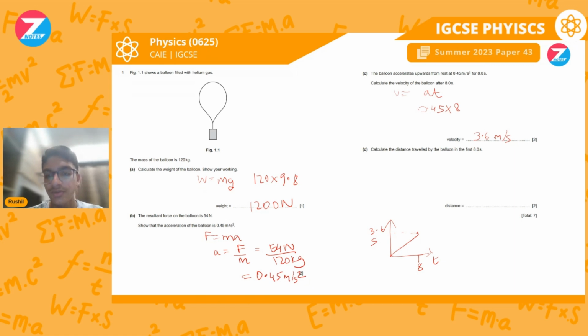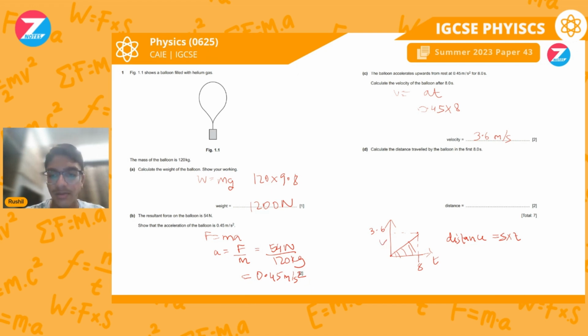So we know that in a speed time graph, the area under the graph is equal to the distance, since distance is equal to speed into time.